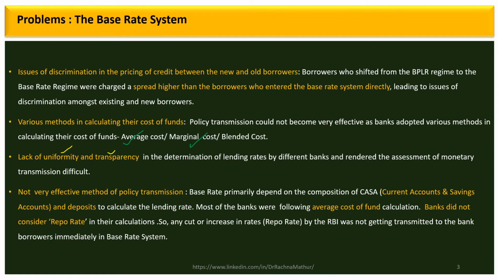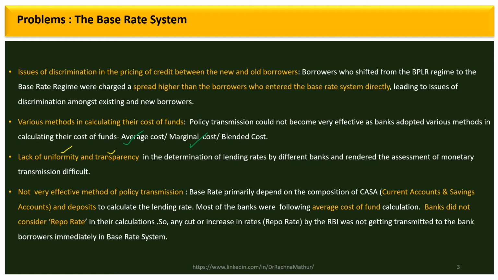The next charge against the base rate system was that it was not a very effective method of policy transmission. Base rate primarily depended on the composition of current account and savings account deposits to calculate the lending rate. Most banks were following the average cost of funds for the calculation of base rate.